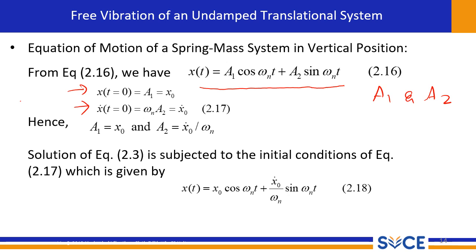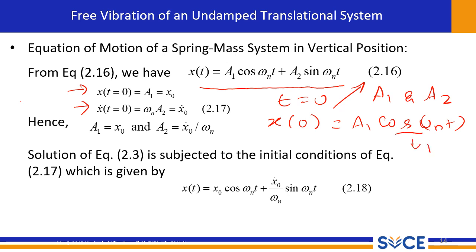First, let's consider the initial displacement. If we set t equal to 0 in this equation, then x of 0: the sine term will become 0, and since t is 0, cos 0 will become 1. So a1 will become x naught.